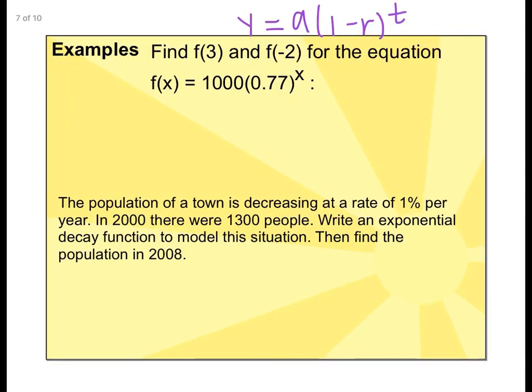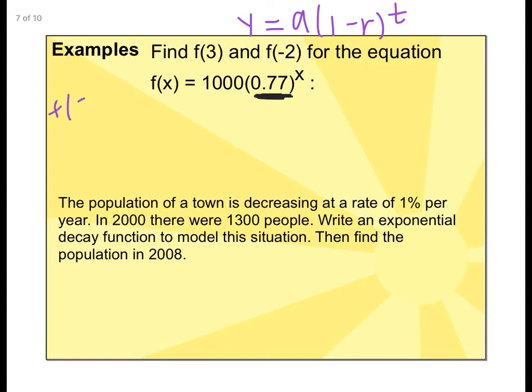Okay, so we're going to do a couple examples. The first one is just evaluating a function. It says find f of 3 and f of negative 2 for the equation f of x equals 1,000 times 0.77 to the power of x. So we know this is exponential decay because the number in here is less than 1, which means our function will be decreasing. If they say find f of 3, I just have to plug in 3 for x.